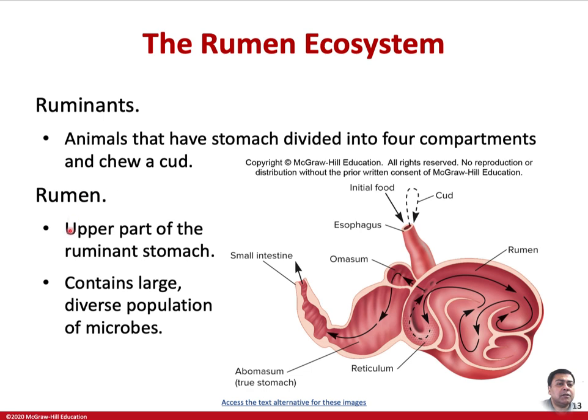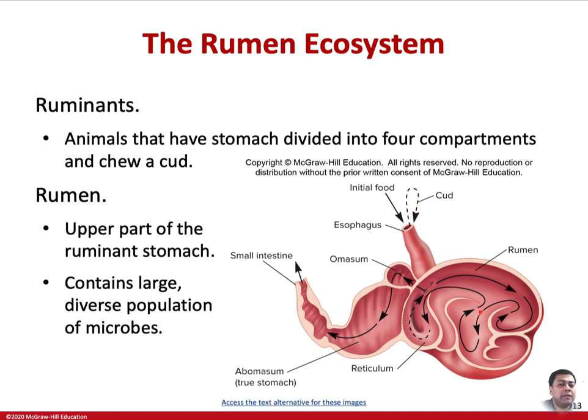The rumen is the upper part of the stomach, and this contains a large, diverse population of microbes. After the animal ingests the material, which is very rich in cellulose, it goes into the rumen, is liquefied, and is mixed with saliva. Then the animal, when it finds time, chews the cud.